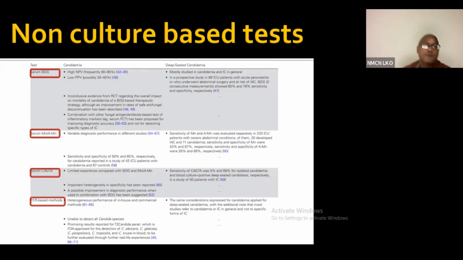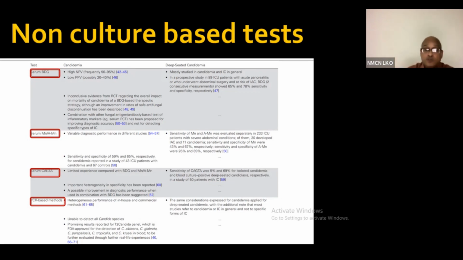These are the beta-D-glucan, the serum mannan antigen and antibody, the Candida albicans germ tube antigen test. Then there are PCR-based tests. Each one of them is more for candidemia. I have not put galactomannan. Galactomannan comes in place for aspergillosis. So that's just an addition to this entire list.